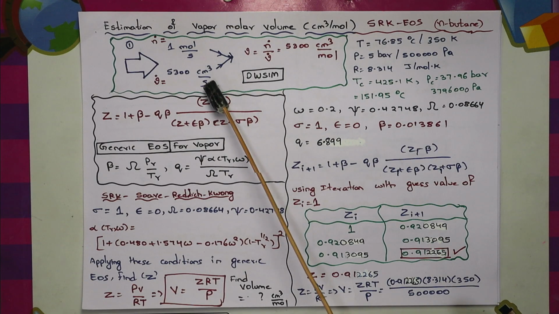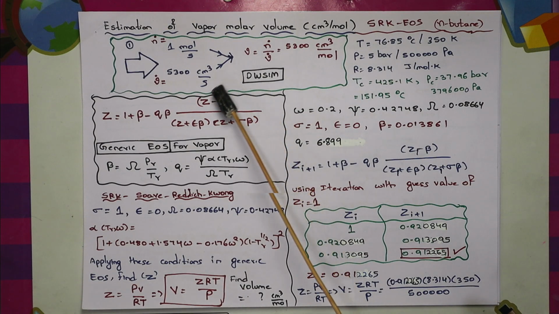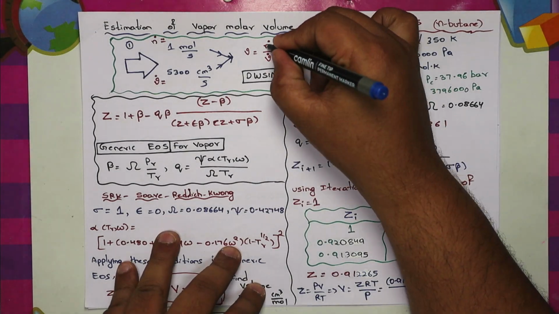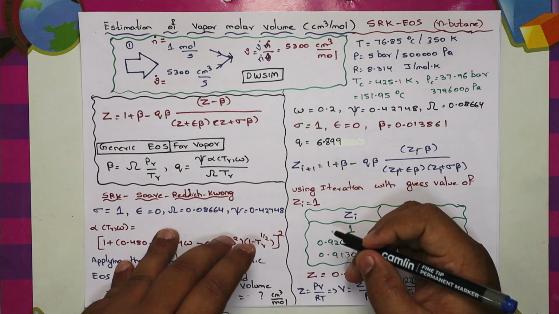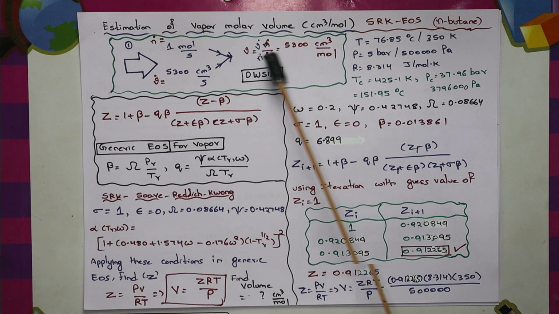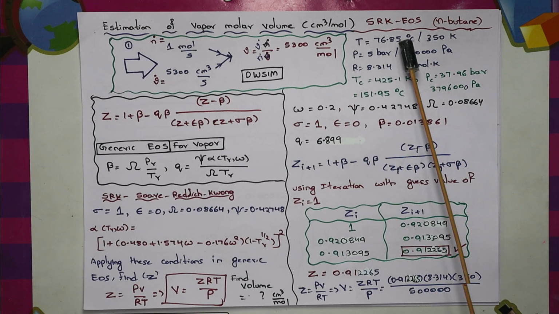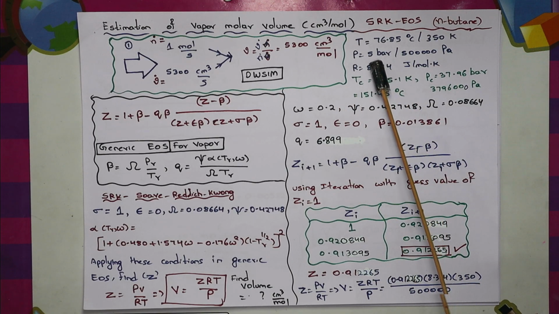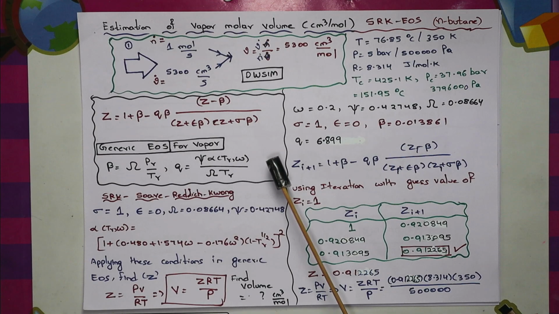Once you know the molar flow rate and volumetric flow rate, you can calculate the molar volume, which is the ratio of, I have mentioned it wrongly, V dot, the volumetric flow rate, divided by the molar flow rate. Once you divide the volumetric flow rate by the molar flow rate, you get the molar volume, which is 5300 cubic centimeters per mole at this temperature and pressure. These are the hand calculation methods. We will come to the hand calculation method later.